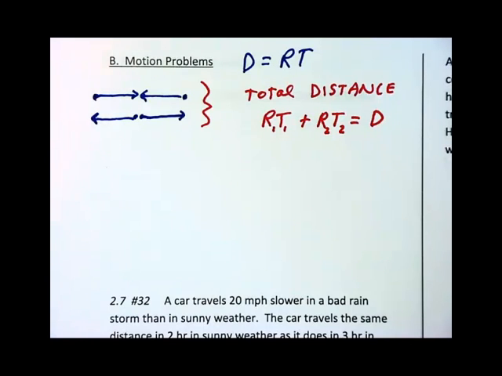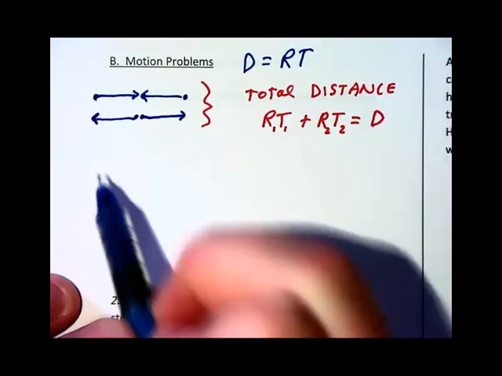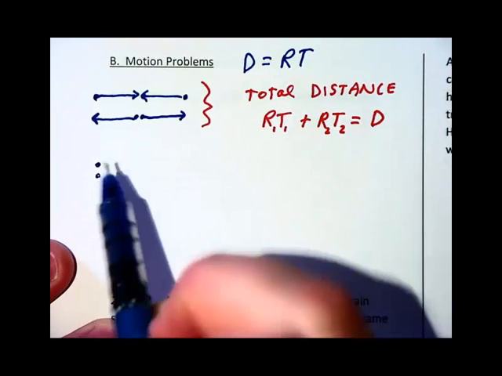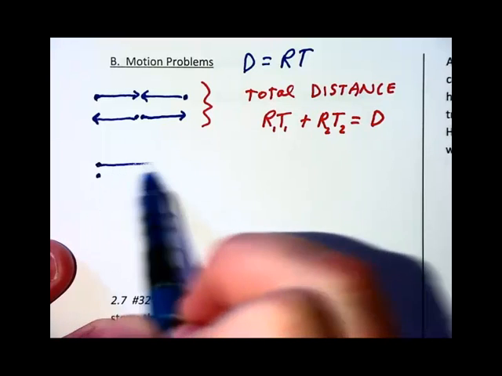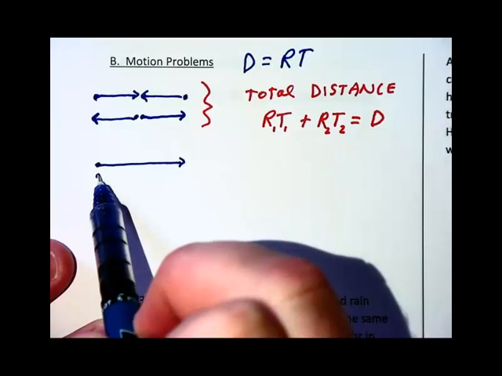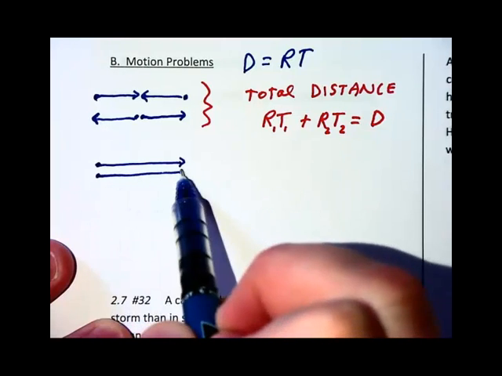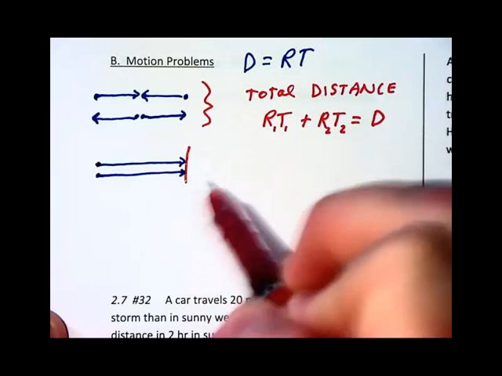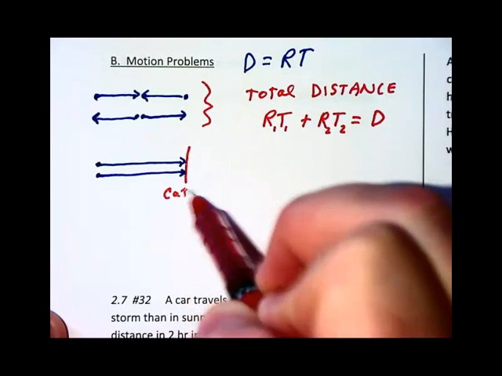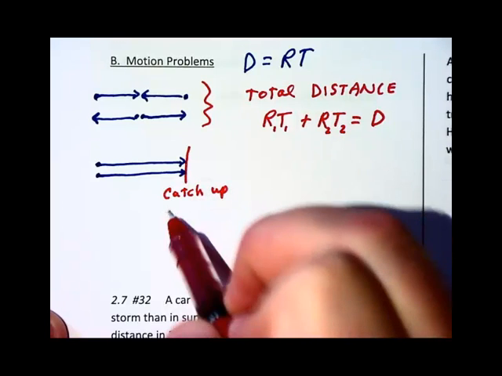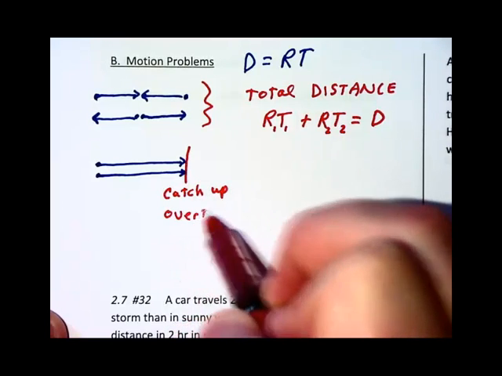Now let's look at another pattern. Sometimes you have two people in cars at the same place, but someone gets a head start because maybe they're a slower driver, and then an hour later another car starts driving, and the question is, how long will it be until the second car either catches up, or sometimes we have one car overtake the other.